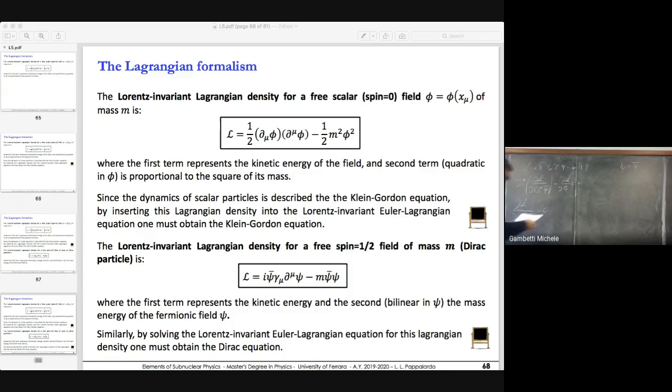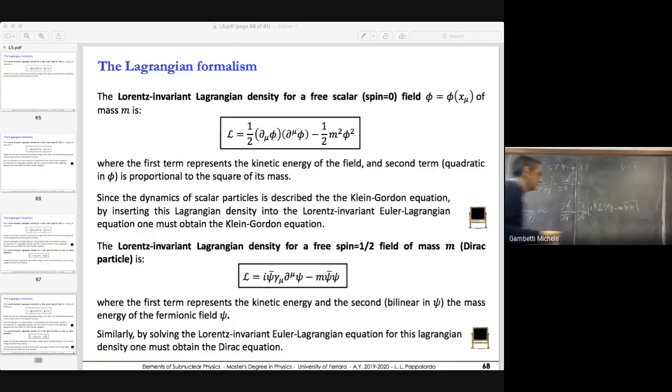So this term is trivially 0. Let's now concentrate on the other term, ∂L/∂ψ̄. Here we put our Lagrangian, so it's i ψ̄ γ^μ ∂_μ ψ minus m ψ̄ ψ.